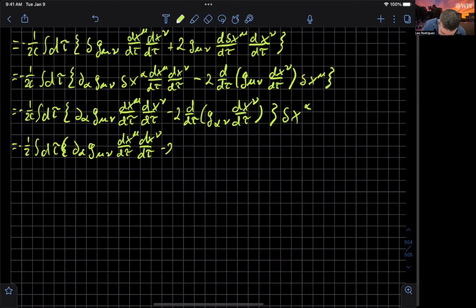Okay, so I'll have a minus 2, and then the first one, like I said, I'll just reuse my index mu since it's not being used here. I'm going to have alpha mu and then dx mu d tau. So that's just chain ruling this derivative acting on the metric, and then plus g alpha nu, and that'll just be a second derivative now on that.